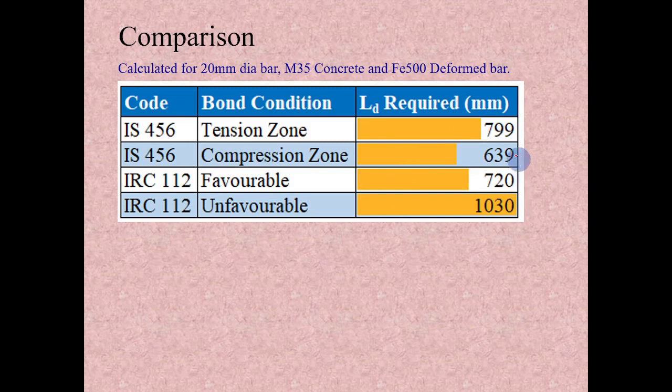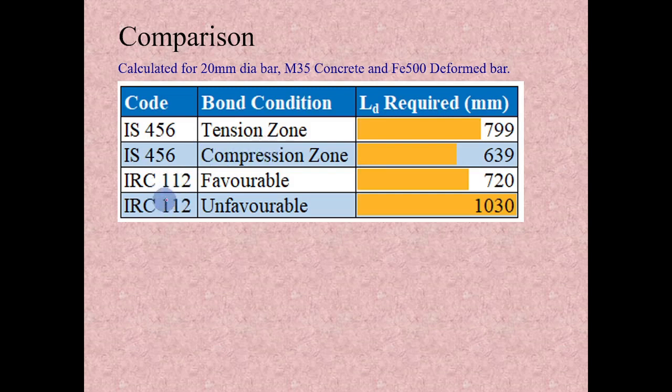So these values are calculated for the 20 mm diameter bar, M35 grade concrete and Fe500 deformed bar. As per IS 456, they have given separate bond strength for the bar in compression and bar in tension.